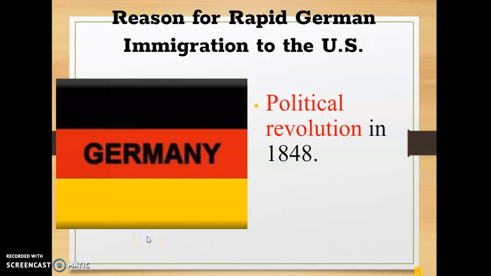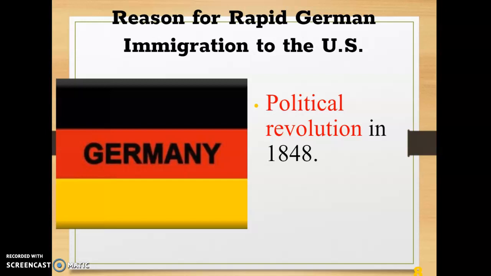Reasons for rapid German immigration. You read about that on the card last week or the week before spring break. Political revolution in Germany, and people will leave there because there's a split in their political government. They really want to come to a country that enjoys more freedom of individual rights, and so they find that possible in the United States.